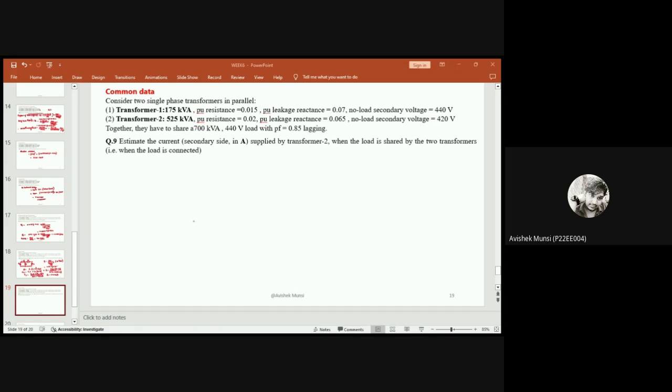So this is the ninth problem. Here you have to calculate the I2. It's similar, with the same formula you can solve it. The impedance 0.235 times 0.153 by the total, which is 0.0295 ohms.